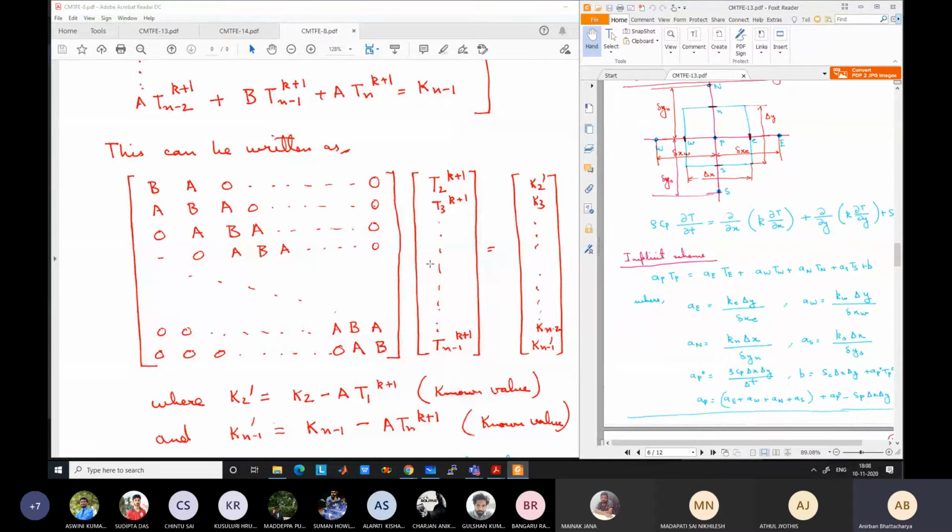We discussed in the previous class that for n equations, we will have n minus 2, n minus 1, or n unknowns, depending on the boundary conditions. If the boundary conditions directly give the temperature or variable values, you will have n minus 2 equations because the 2 points at the boundary do not need any equation.